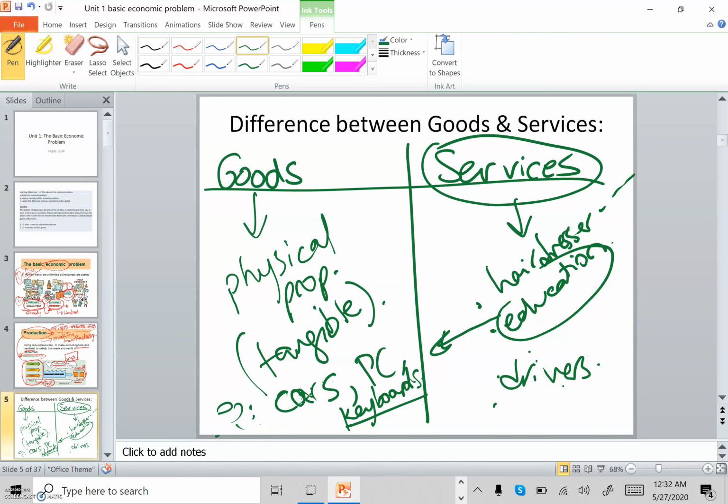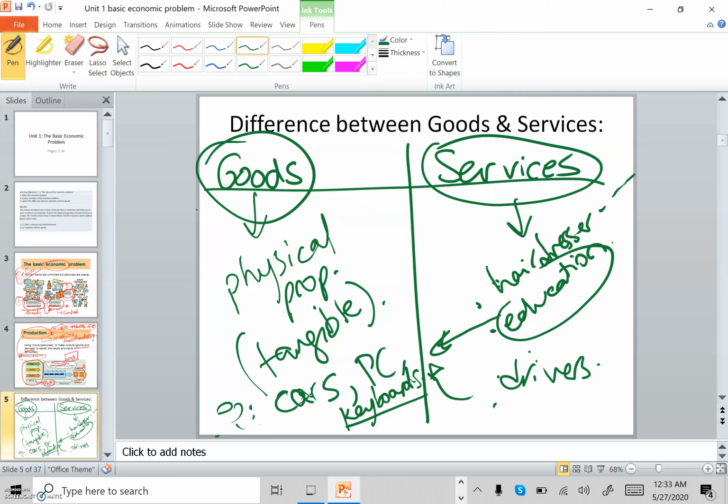So all of these are considered services, but definitely they might be using goods in order to provide the service. So for example, when you go to the hairdresser to cut your hair, he is using scissors. Scissors are considered to be goods. Scissors are tangible. But the cutting of the hair is a service.